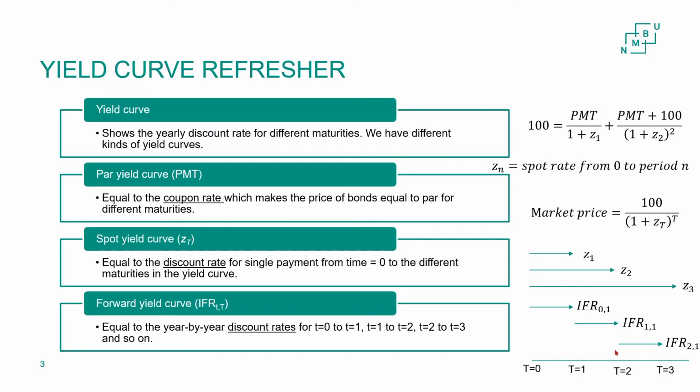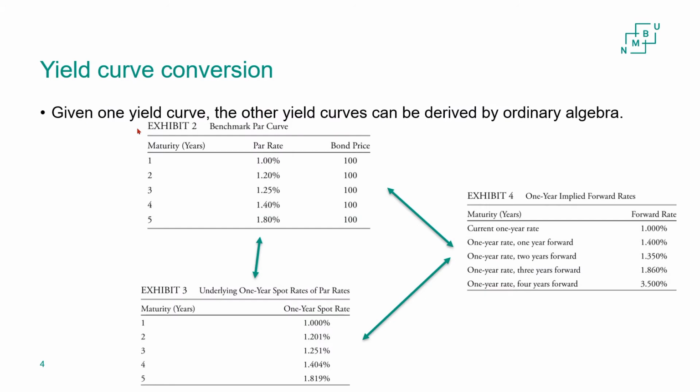And you can do the same for the other future rate, the 2-year into 1 year future rate. There you take the 3-year spot rate divided by the 2-year spot rate and subtract 1. Okay, so if you are given one yield curve, then you can easily find the other yield curves.